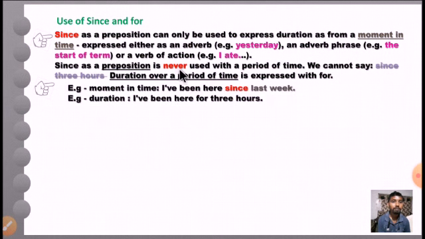Since as a preposition is never used for a period of time; duration over a period of time is expressed with for. Sometimes duration also can be expressed with for. Example, moment in time: I have been here since last week. Last week means we don't know the particular time or day.